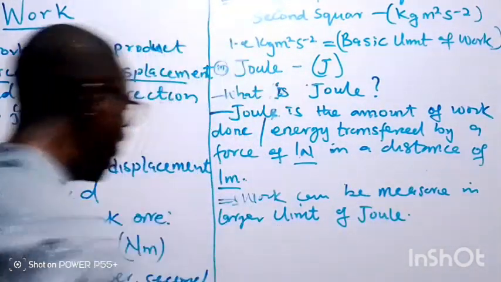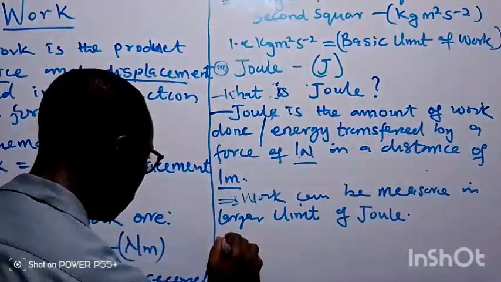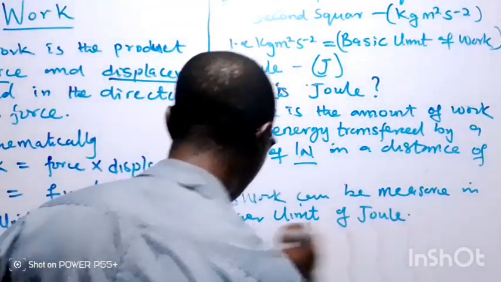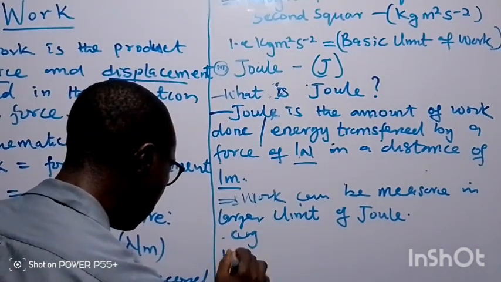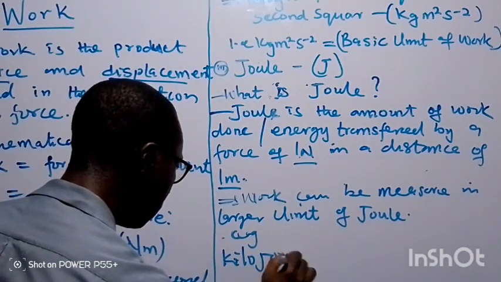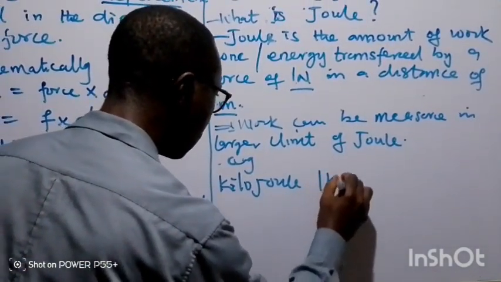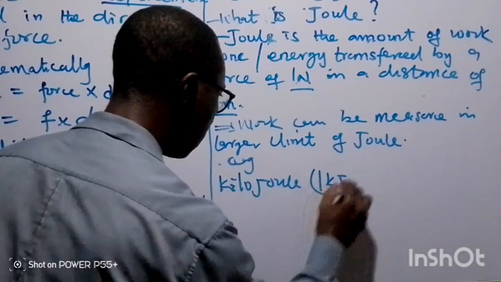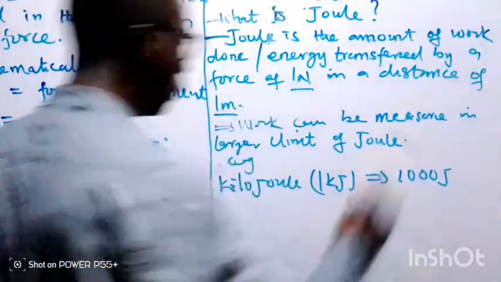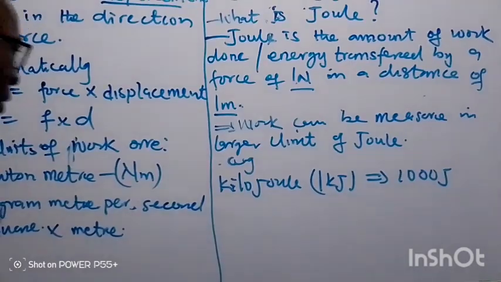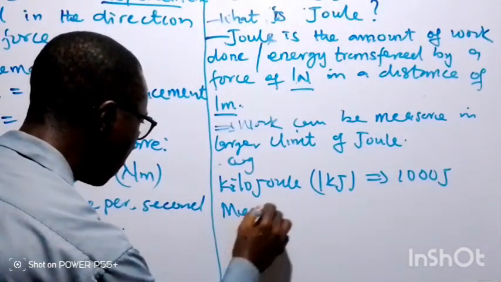That is, we have kilojoule, for example. 1 kilojoule is equal to 1000 joule. Also, it can be measured in megajoule.